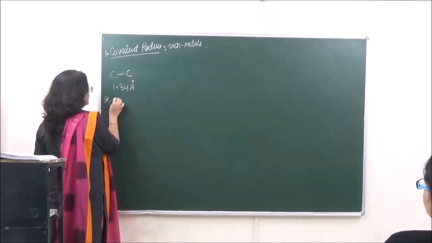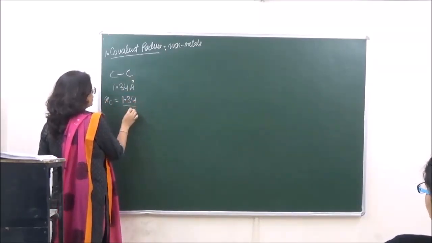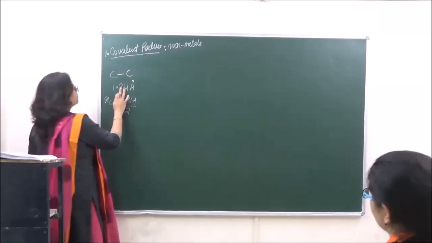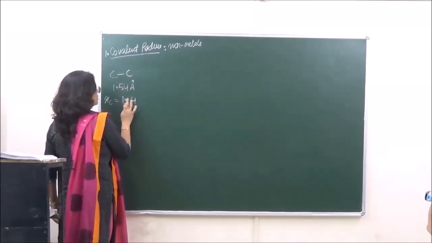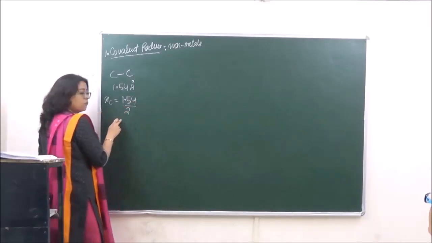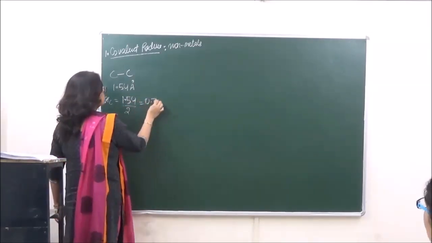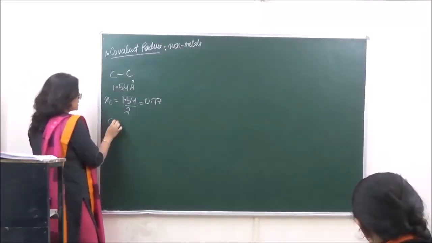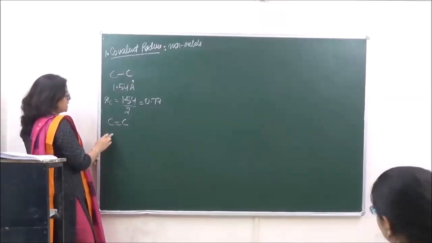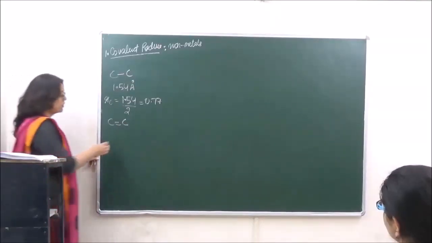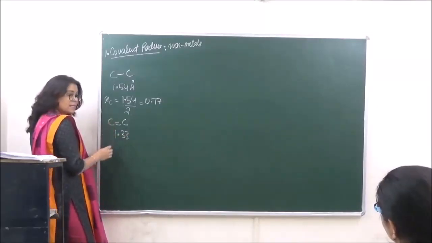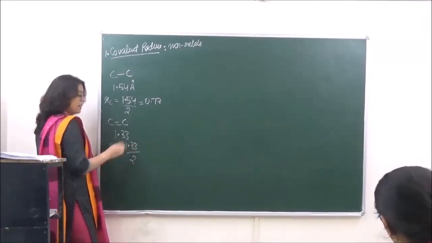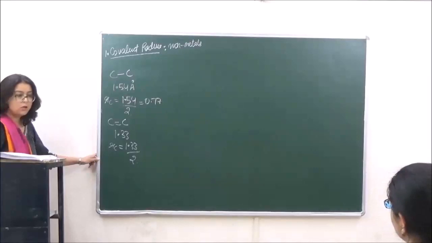So the radius of carbon over here will be equal to 1.54 divided by 2, so that comes to 0.77. Okay? Now if we are considering C double bond C, it is seen that the distance is reduced to 1.33. So in this case, the radius of carbon will be 1.33 divided by 2. So it comes to 0.665.